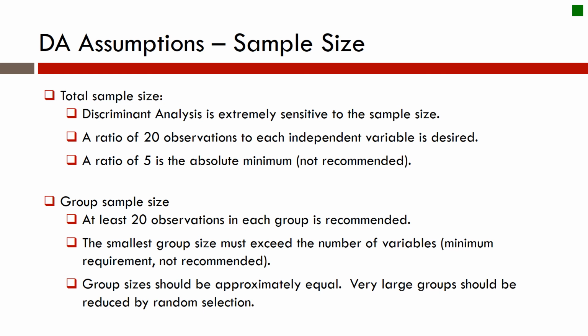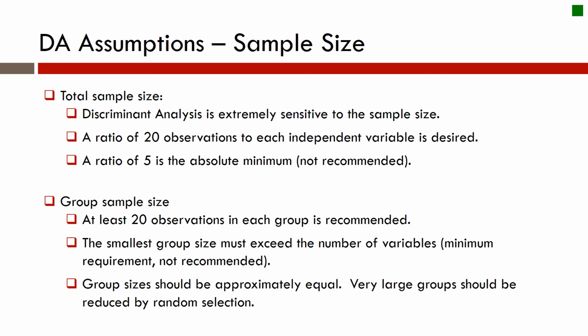Group sizes ideally should be close to equal. However, they don't have to be exactly equal. In other words, if I have 3 groups, I should have roughly the same number of respondents in each group, so maybe 50 in each group or 20 in each group or 30 in each group.